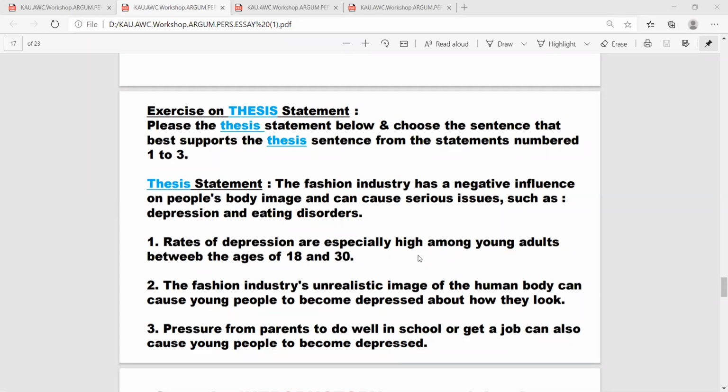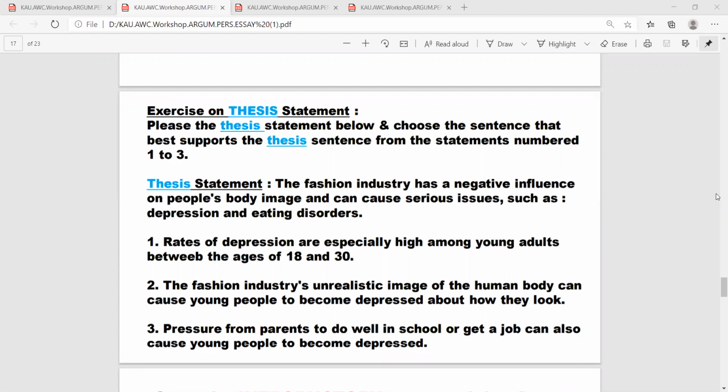Okay, so for example, most people in the chat box have chosen supporting sentence number 2: The fashion industry's unrealistic image of the human body can cause young people to become depressed about how they look. Right.